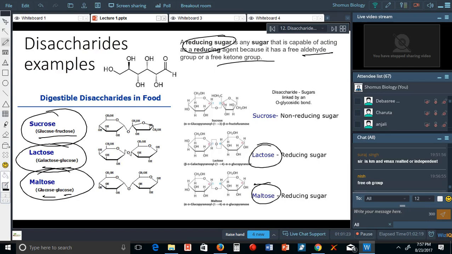For example, lactose and maltose are reducing, but sucrose is non-reducing, because sucrose does not have any free aldehyde or ketone group due to the 1,2 linkage. On the other hand, whenever the link is a 1,4 link, there is a chance of having a free hydroxyl group, free aldehyde or ketone group.